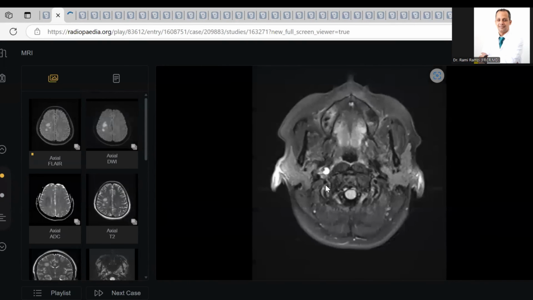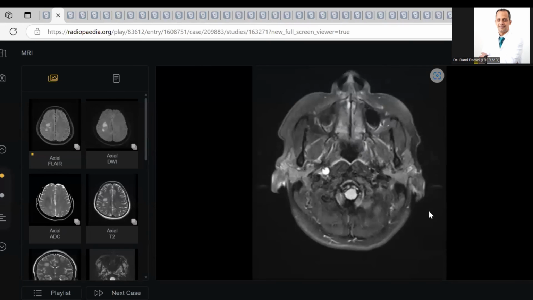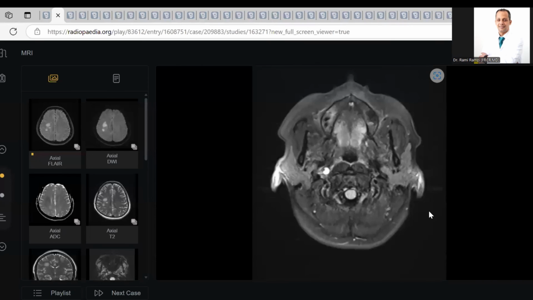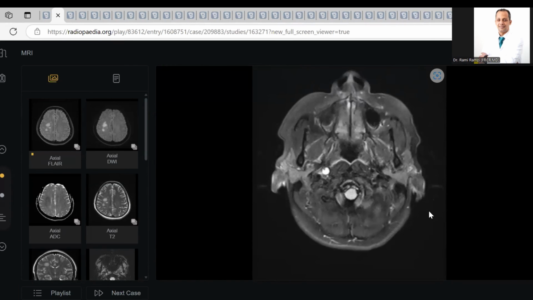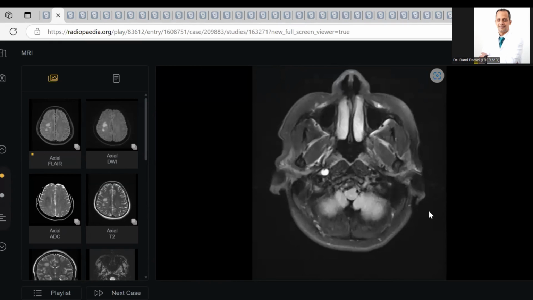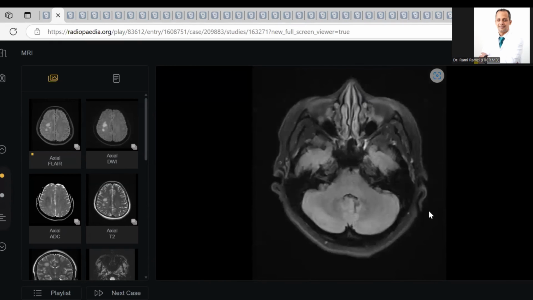You must get one case with a skull base pathology or the key of the case in the skull base. Why? Because most skull base pathology is either very aggressive or life-saving, as the skull base involves the vessels, a tumor, or a fracture.